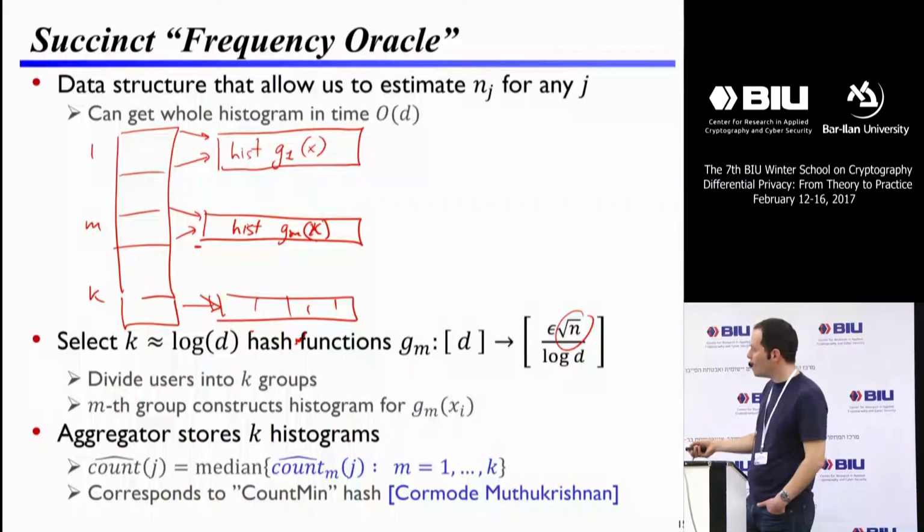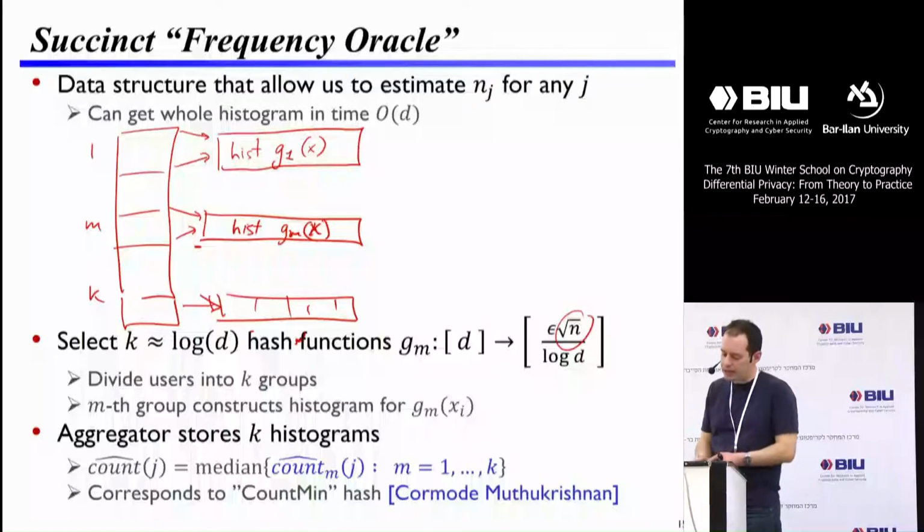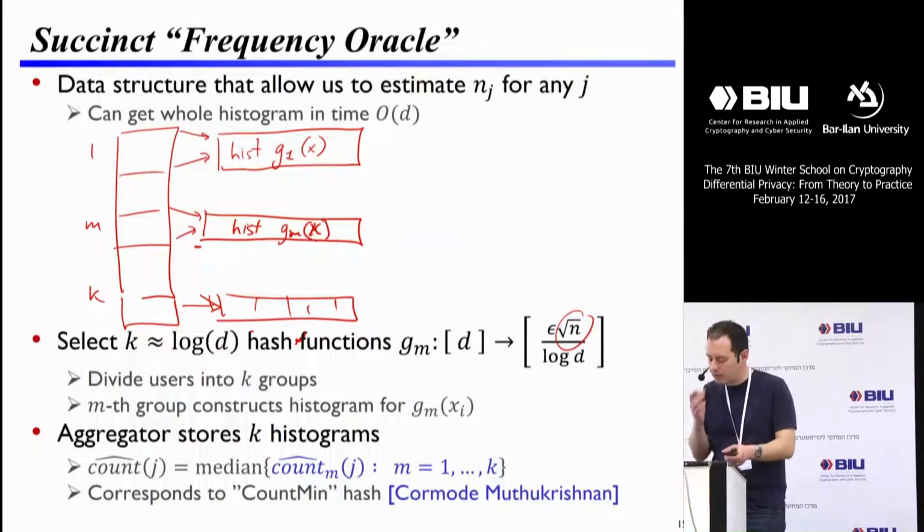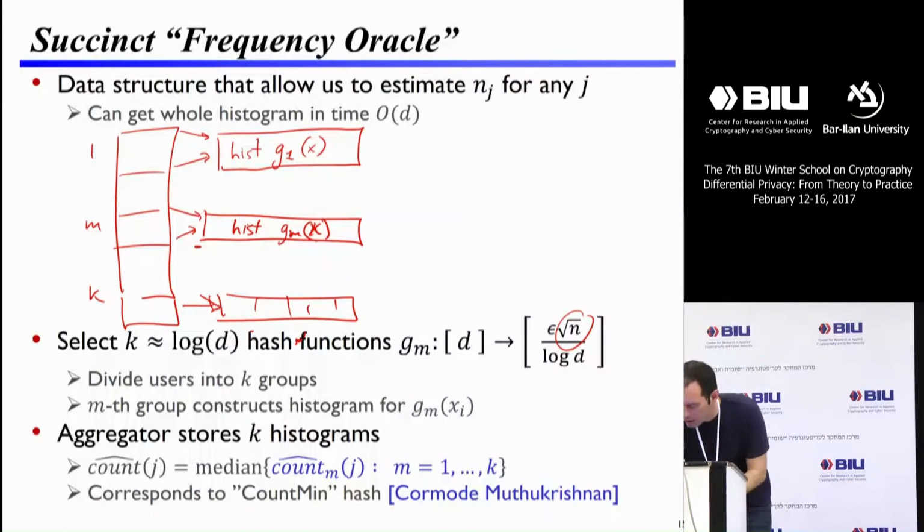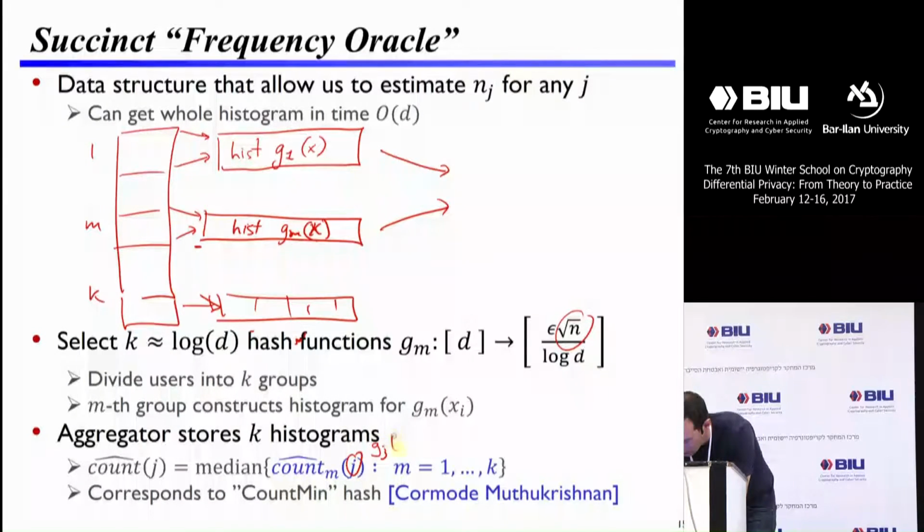And when someone comes along and says, I want to know how many people were in bin J, the aggregator will get an estimated count, not for J, but for the hash of J.